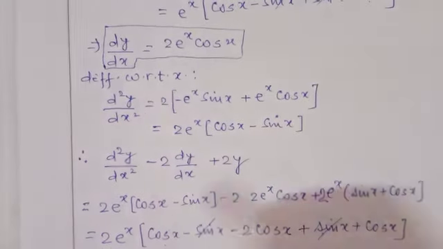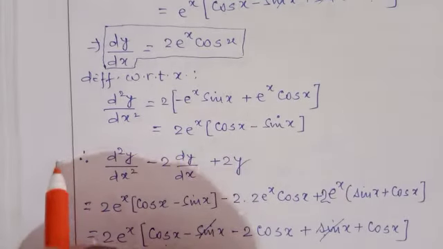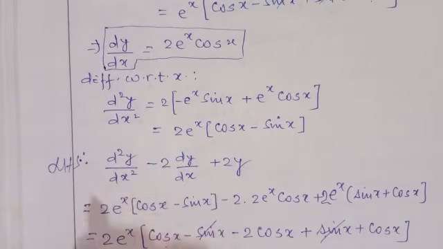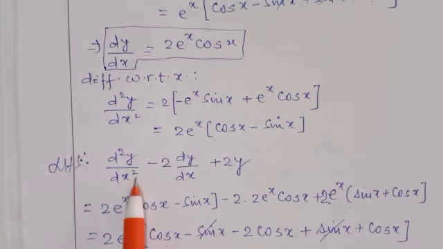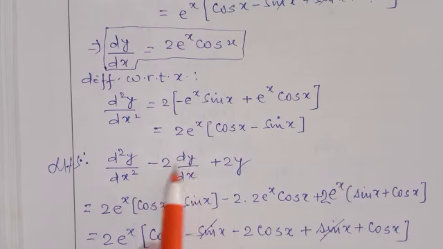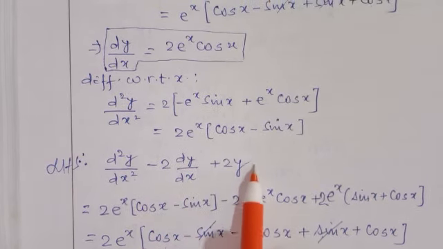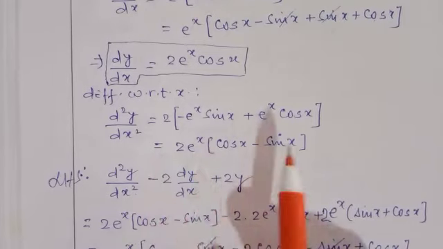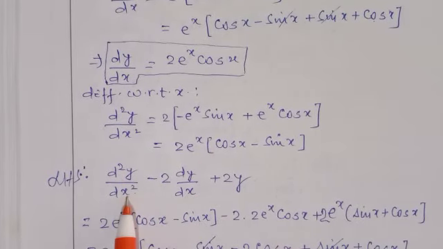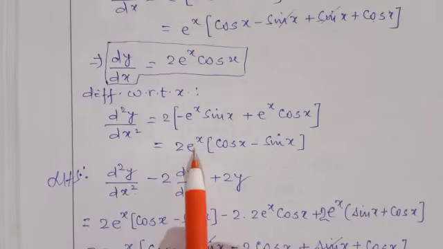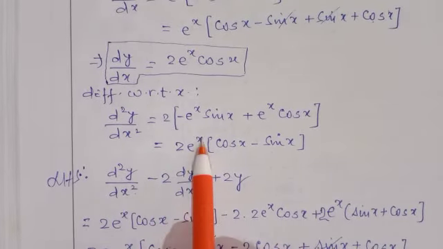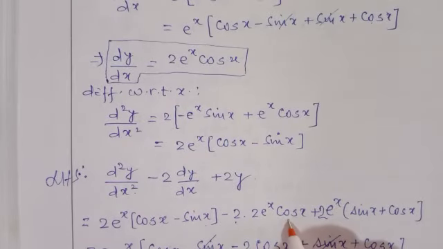Now come to what you have to prove, which is the LHS. LHS is d2y by dx square minus 2 dy by dx plus 2y. Write down their values. d2y by dx square is 2 e to the power x into cos x minus sin x, minus 2 dy by dx. dy by dx is 2 e to the power x into cos x, right?